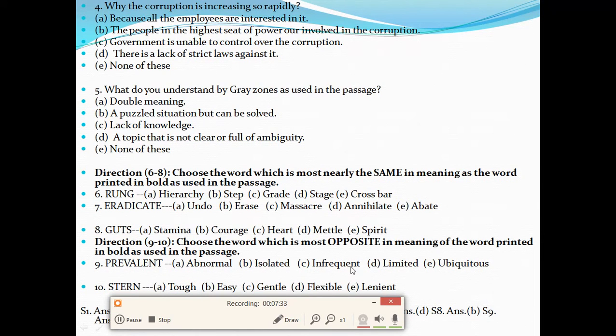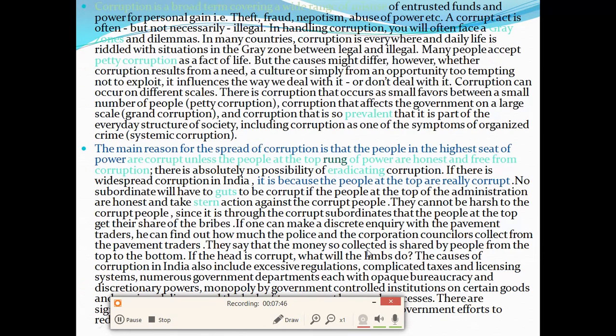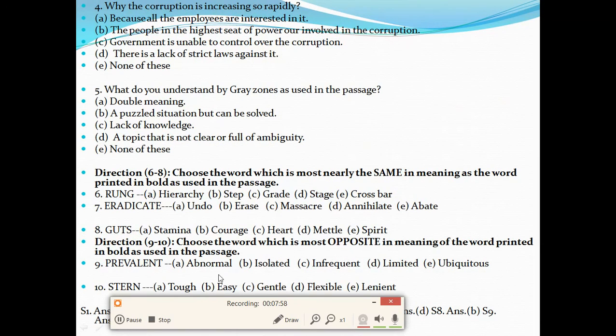Then its opposite is infrequent, which means not prevalent. The next word is stern. Here it is written, "take stern action against the corrupted people." Then you can assume what the exact meaning is. It means tough action. Its opposite meaning is lenient.